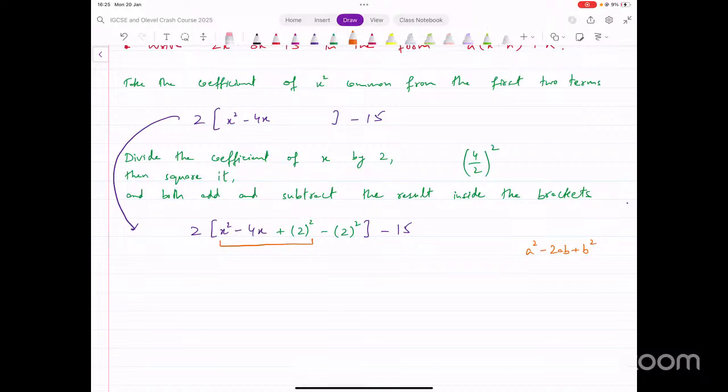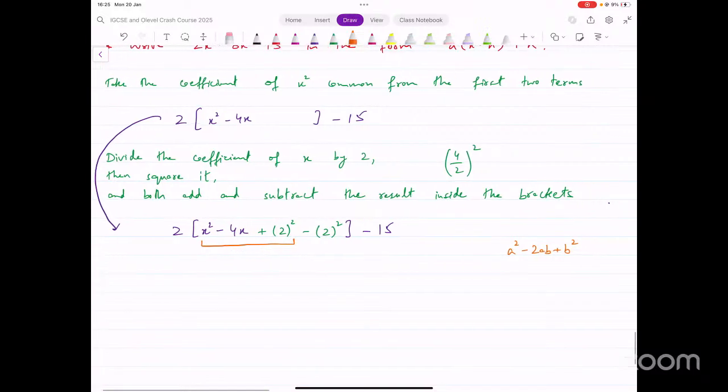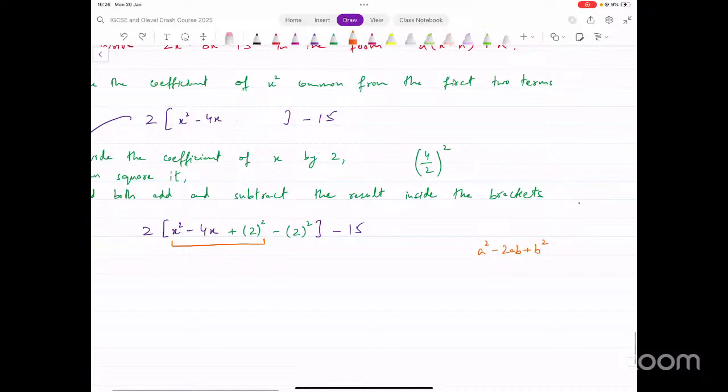Once you follow these steps, these three terms turn out to be in this form, a squared minus 2ab plus b squared. That's for this particular example. For other examples, it might be a squared plus 2ab plus b squared form. So one of these two forms is what you're going to get here.